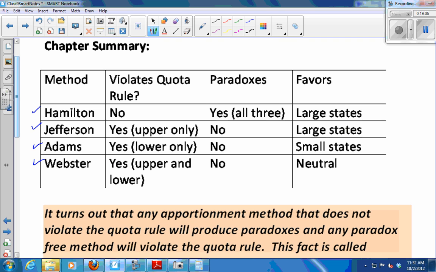So it has all these weird paradoxes, and it does tend to favor large states. Now, Jefferson's method doesn't have any paradoxes, but it has upper quota violations, and it favors large states. Adams' method has no paradoxes either, but it has lower quota violations, and it favors small states. And Webster's method does violate the quota rule sometimes, but it doesn't favor large or small states.